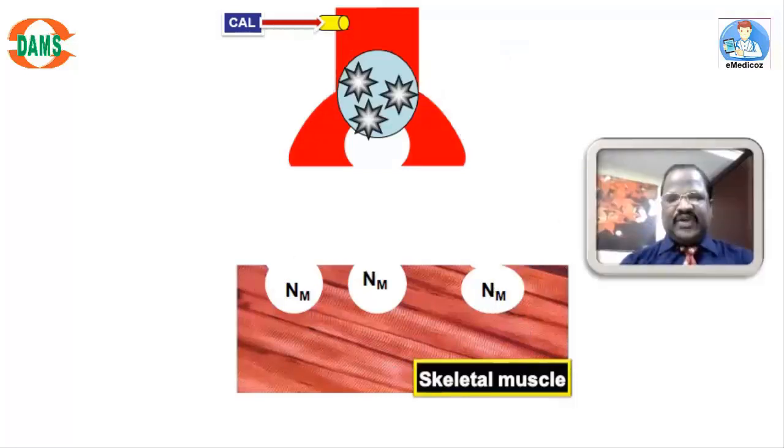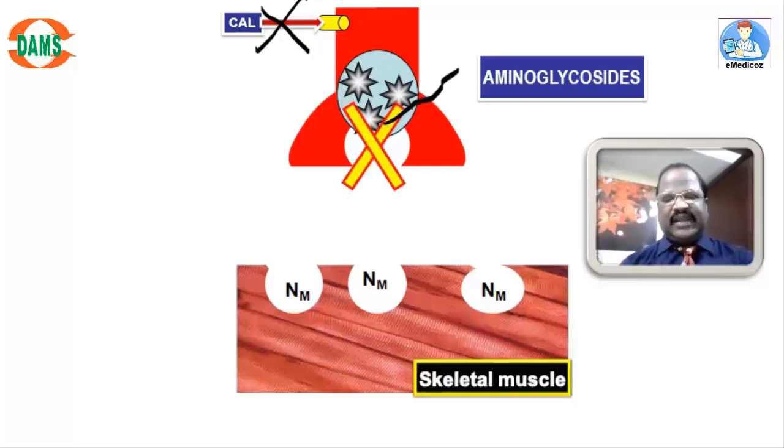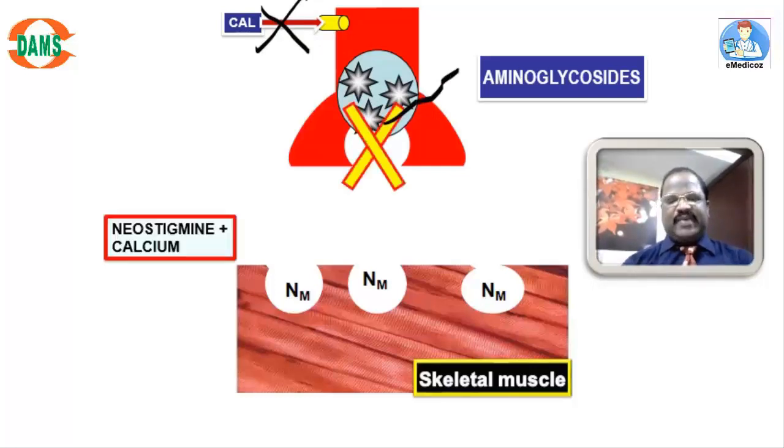Whereas if I use aminoglycoside, an antibiotic, it inhibits calcium channel activity, thereby preventing the release of ACH, causing skeletal muscle relaxation. So aminoglycoside and other antibiotics like tetracycline and polymyxin B all cause skeletal muscle relaxation.